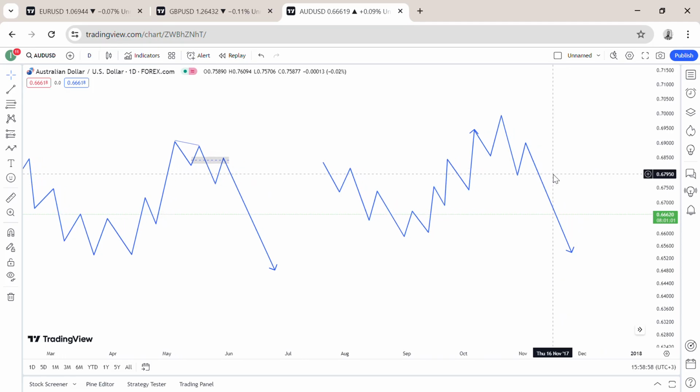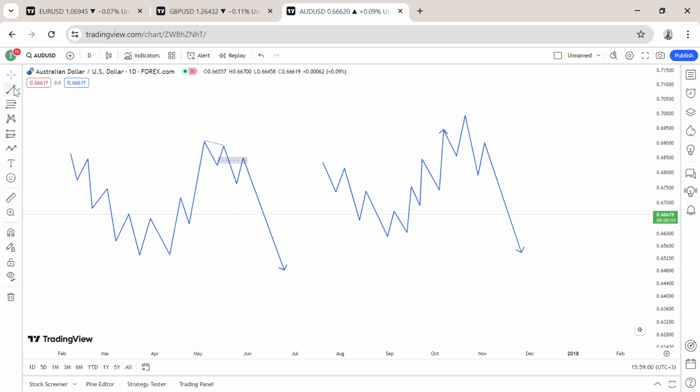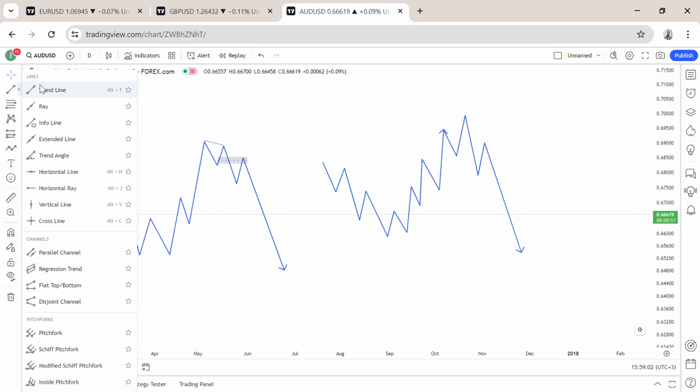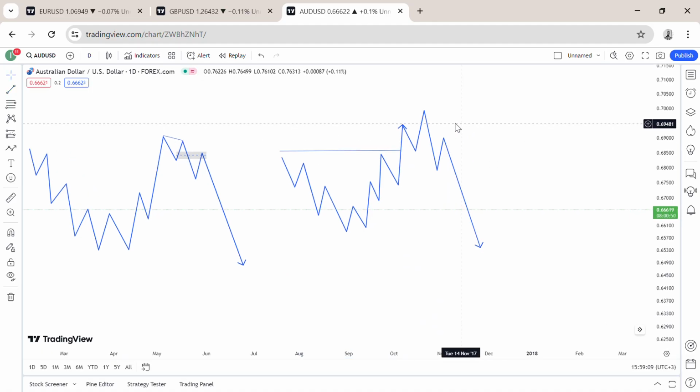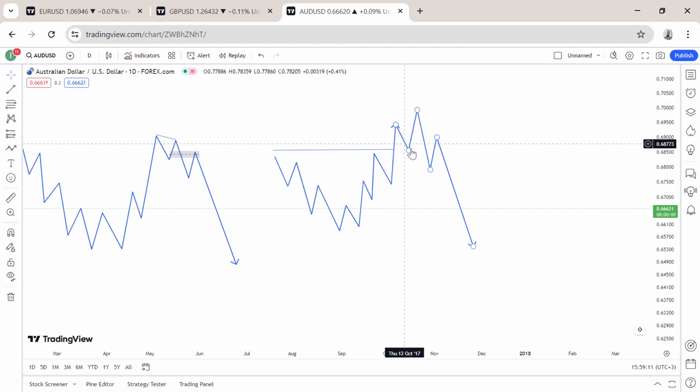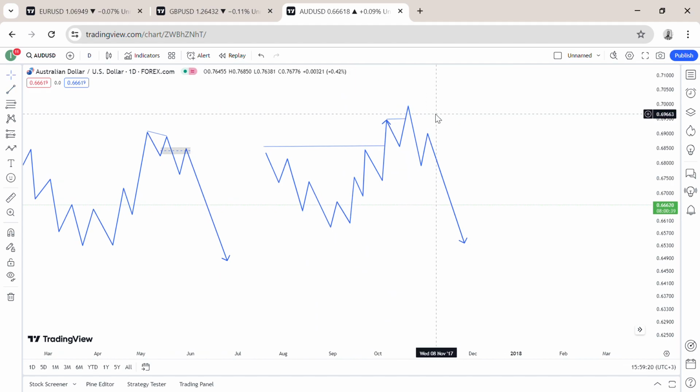In a case like this, there's a sweep, it traded back down, caused a new high right here, just traded above that high, causing a new high, and then trading back down, displacing below this low.